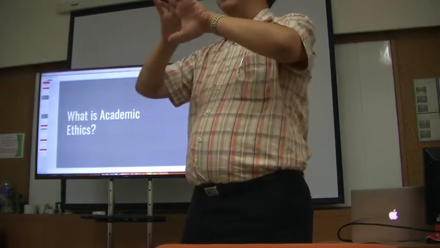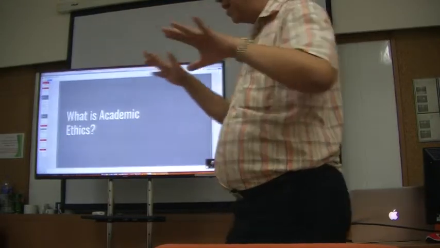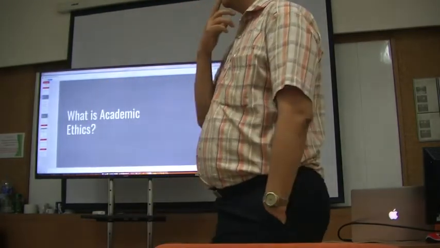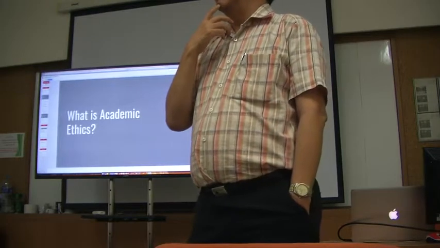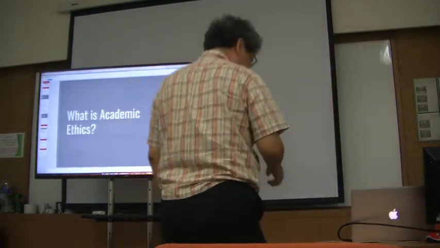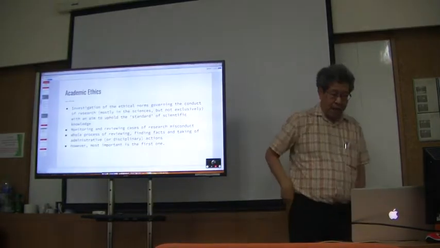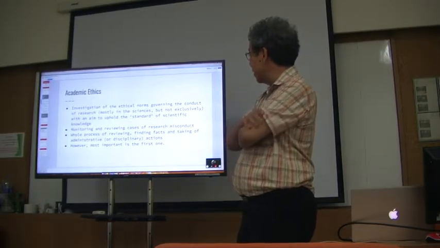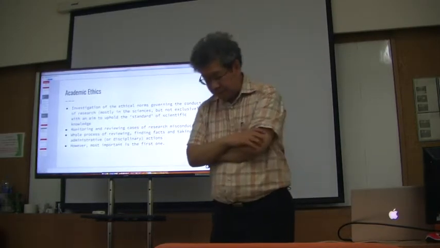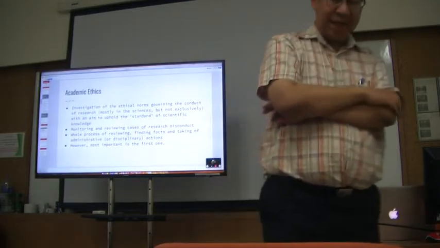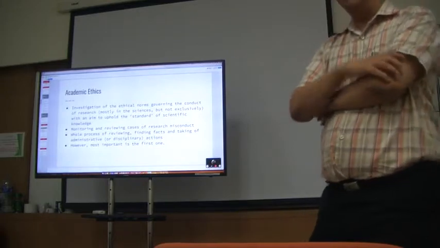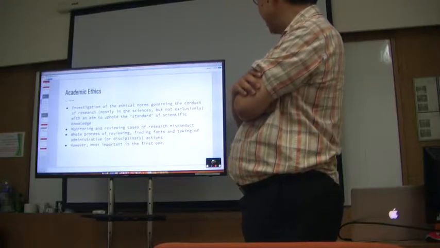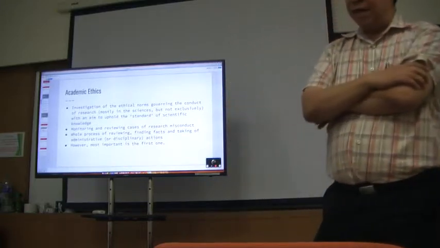In general, this is the broadest definition: ethical guidelines in consideration with an academic institution. In more detail, I'm talking about the investigation of ethical norms governing the conduct of research. Research is part of what is happening in academia, of course, mostly in the sciences, but not exclusively, with an aim to uphold the standard of scientific knowledge.